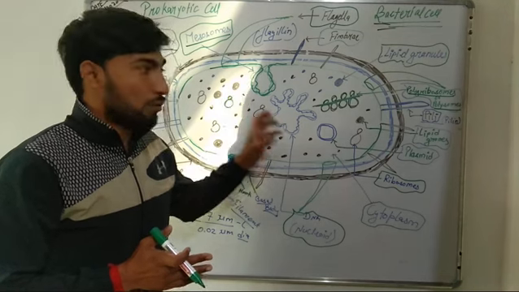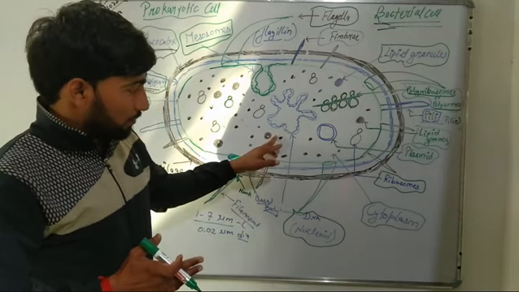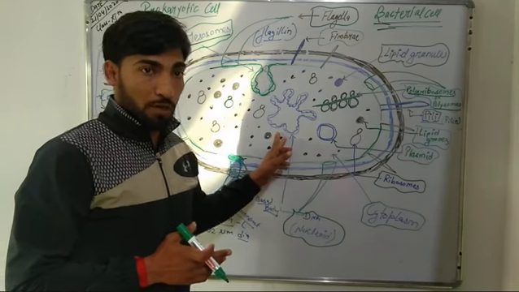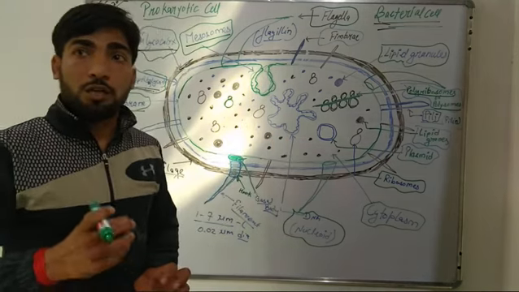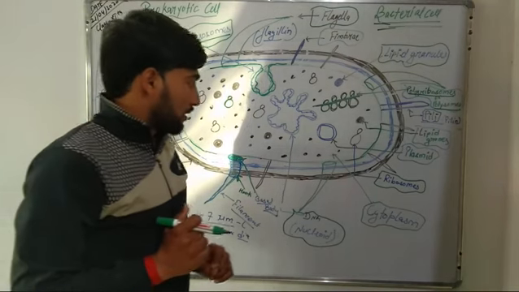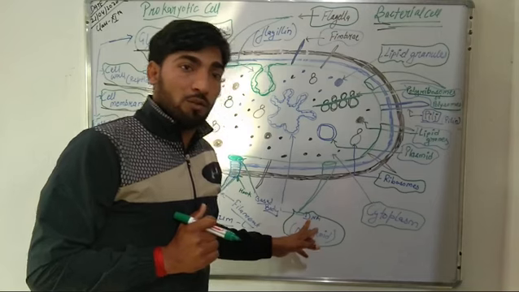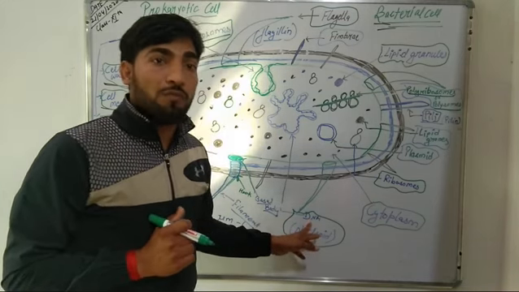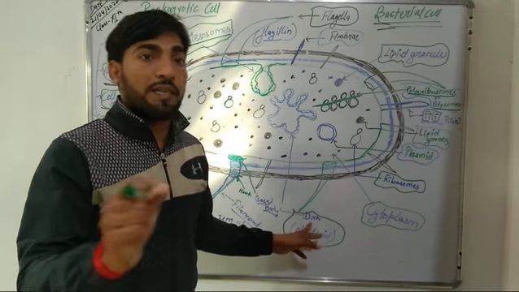This nucleoid is also known as the genophore, or prochromosome, or chromonema. Now in case of bacteria, the bacterial DNA or genetic material consists of a single-stranded DNA duplex.